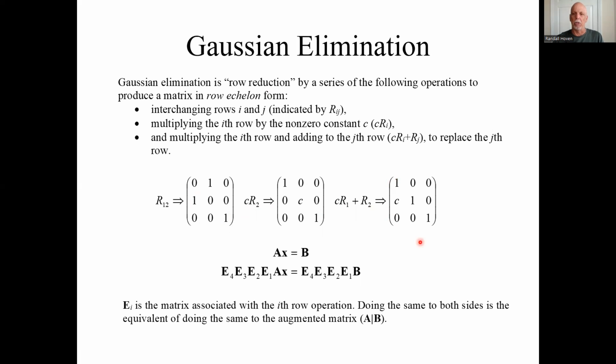The last operation would be multiplying by this matrix. So if I started out with a system like this, Ax equals b, and I do the same row operations to each side, I still get an equality.